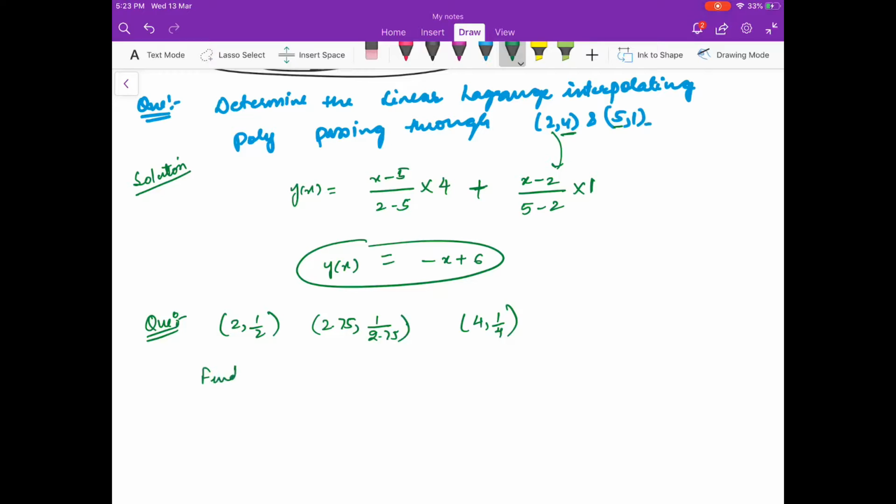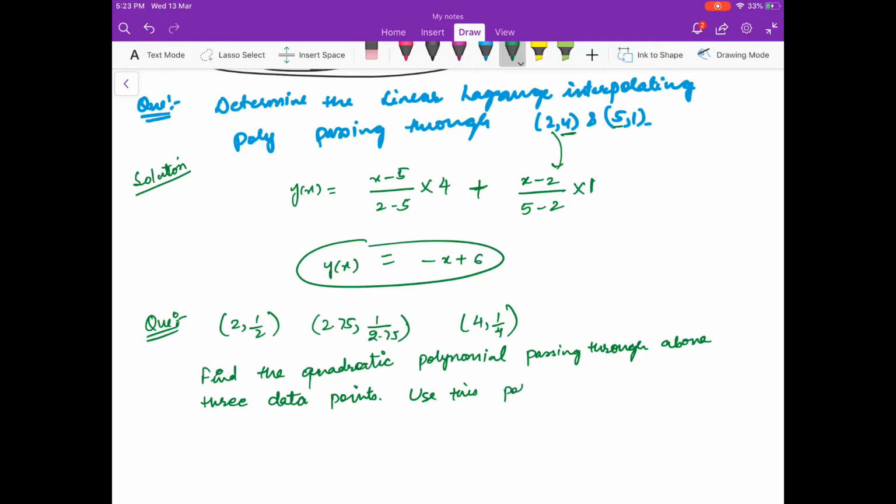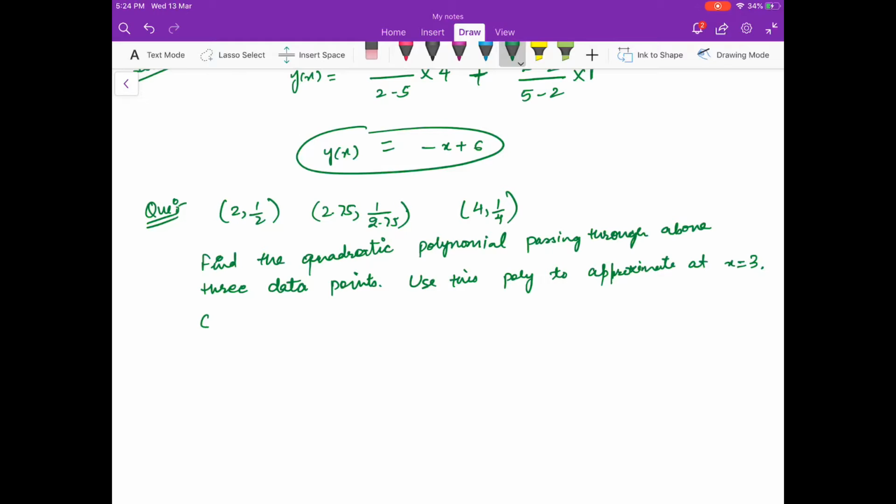Find the quadratic polynomial passing through the above 3 data points, and use this polynomial to approximate the value at x is equal to 3. Can you find the error?